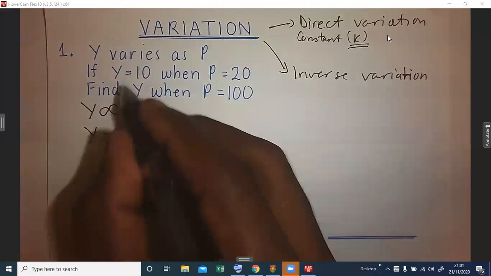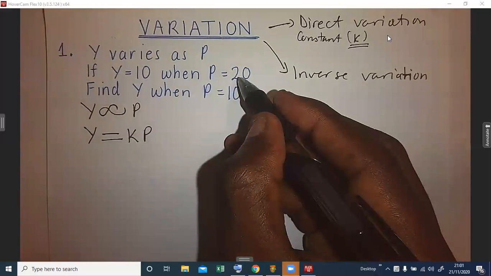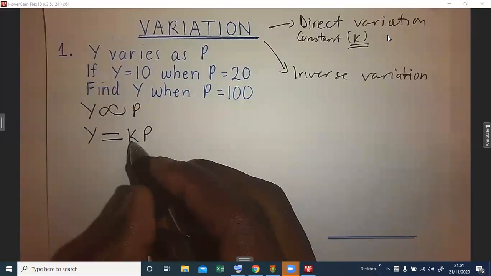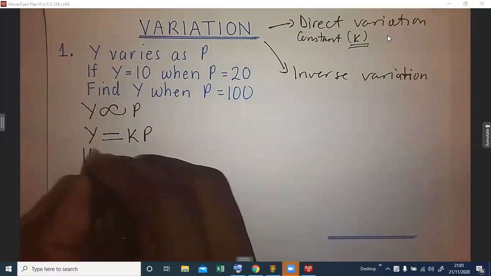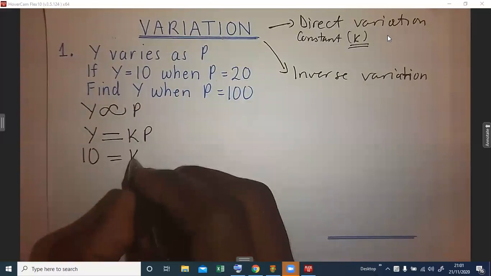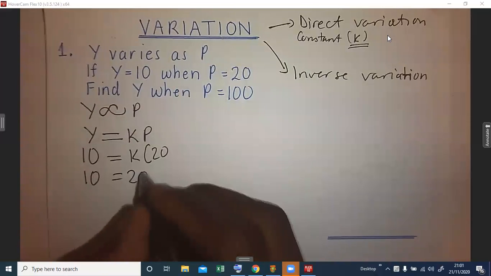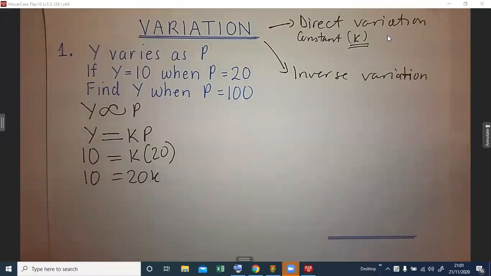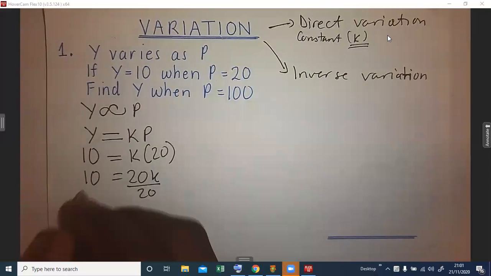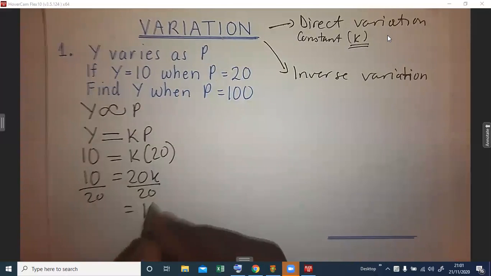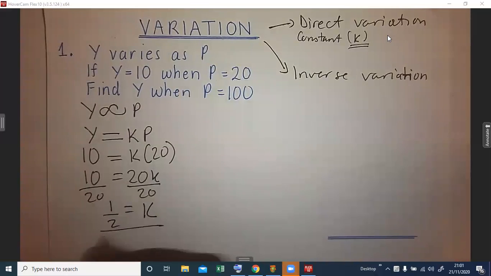Then y is 10 and p is 20, which will help us to find the value of k. So 10 is equal to 20k. We divide by 20 both sides, and finally our k is a half.